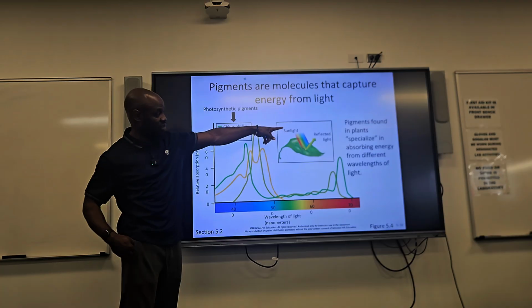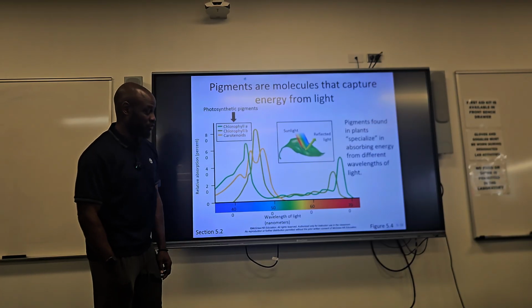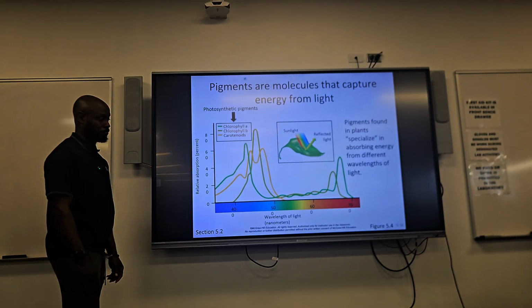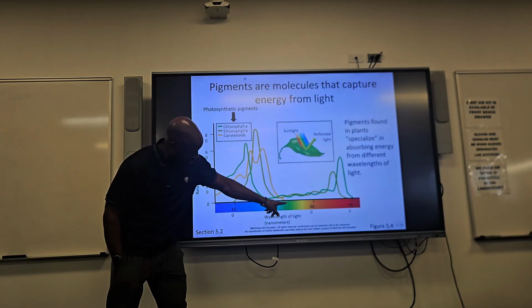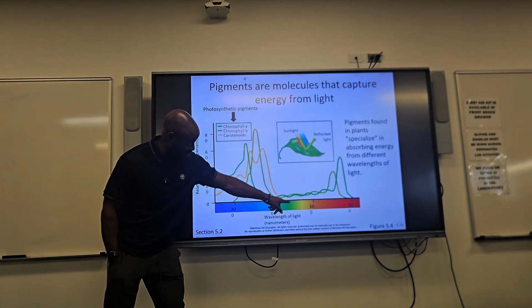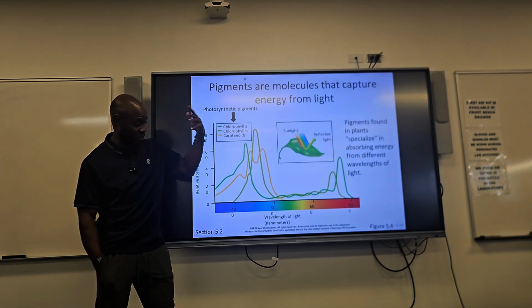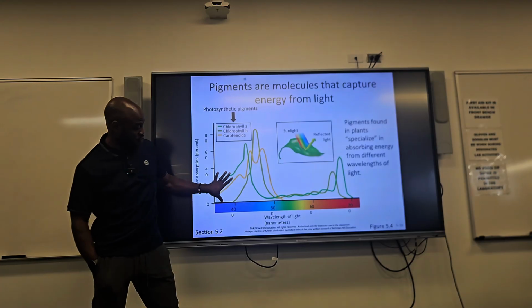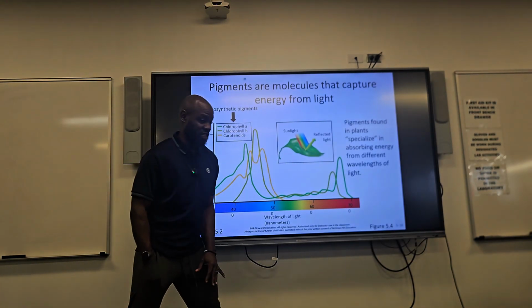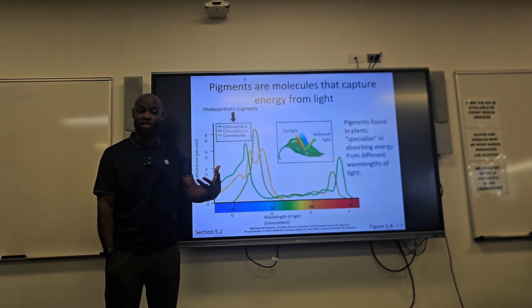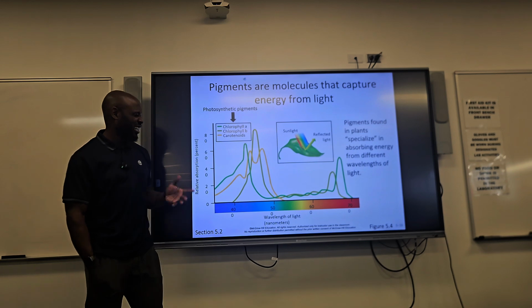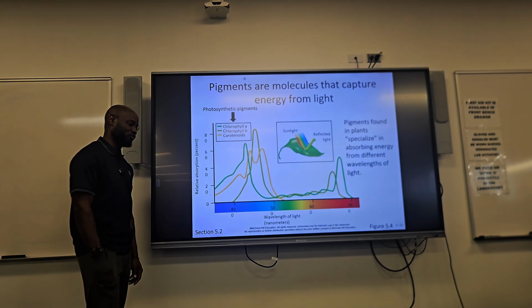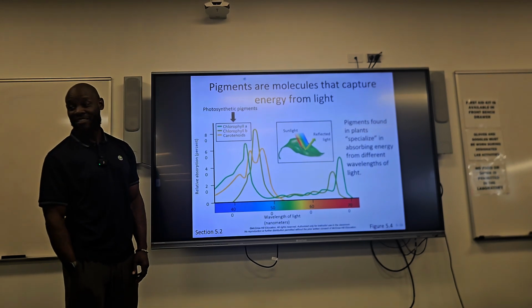These pigments specialize in absorbing energy from different wavelengths of light, right? It doesn't absorb the green portion, so that's what's reflected into our eyes, but it does absorb this portion and uses those photons to create energy. I know it can be a little confusing, because they should all be reflected.